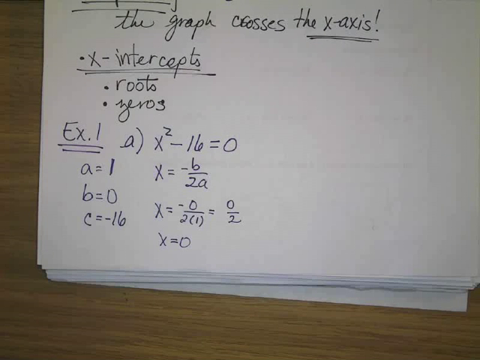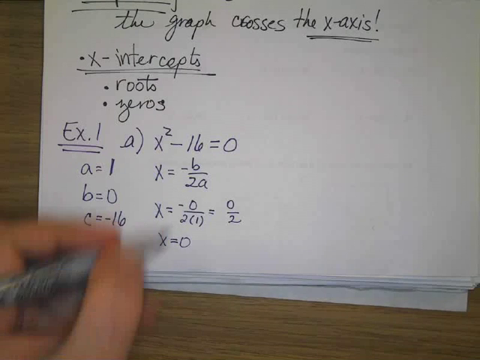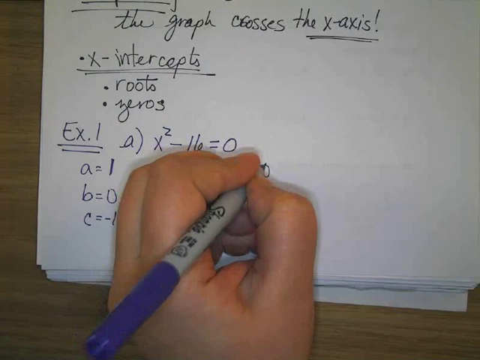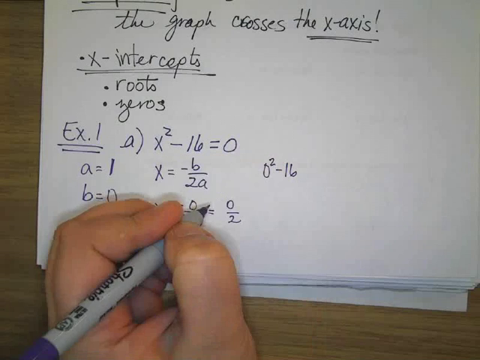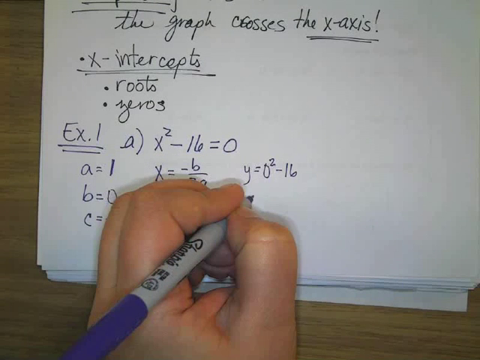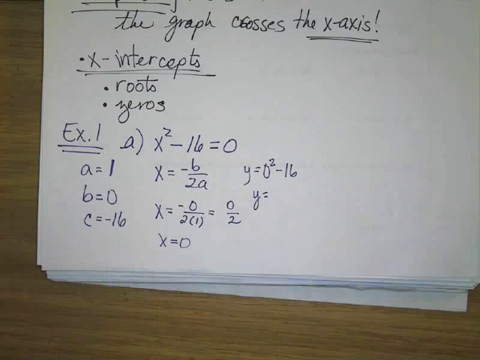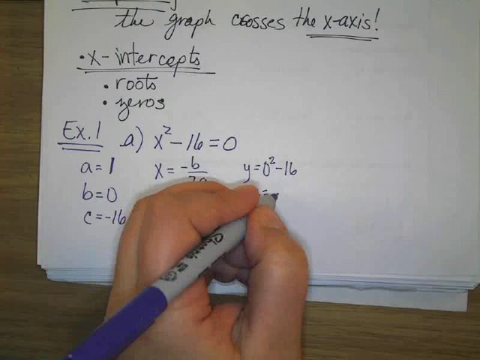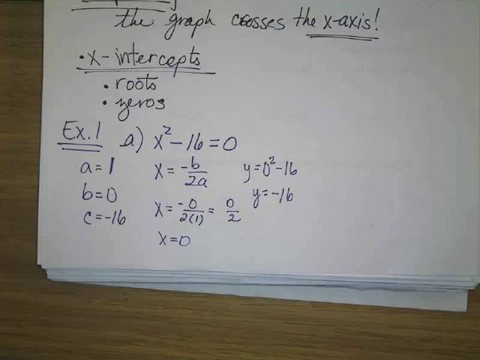So now, how are we going to get the other part of our vertex? Put in 0 for x. So 0 squared minus 16. That makes it negative 16.